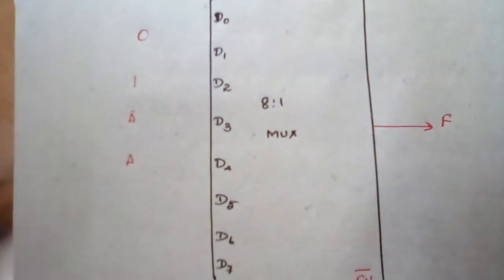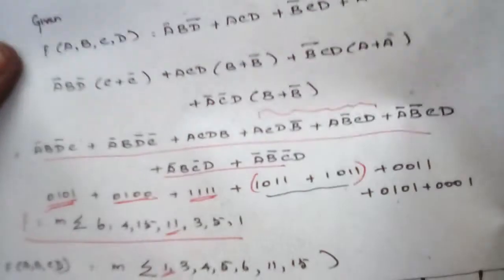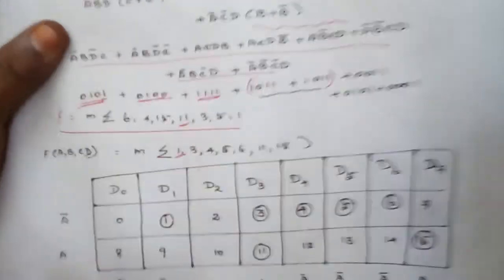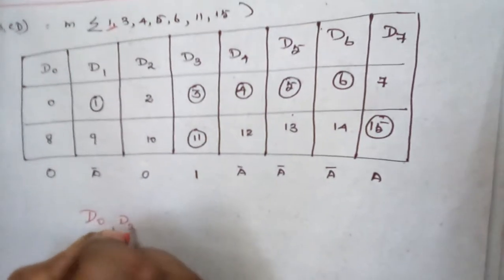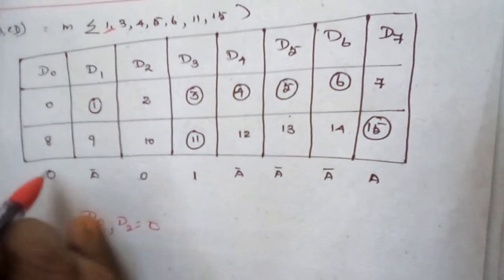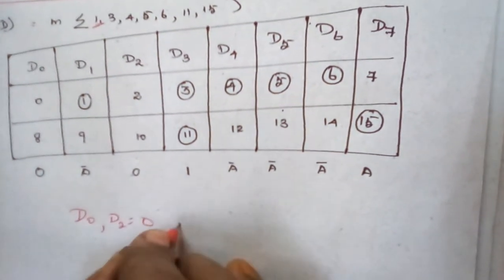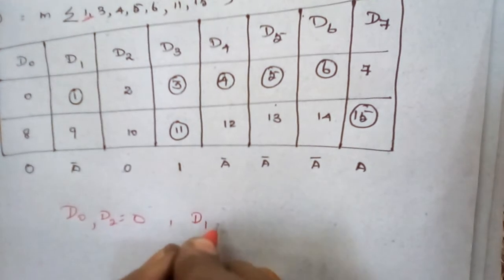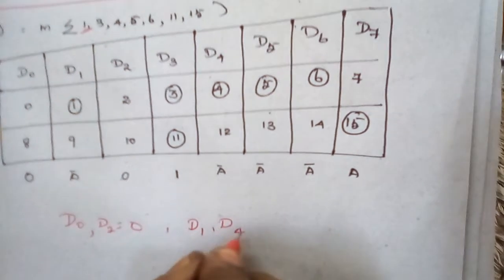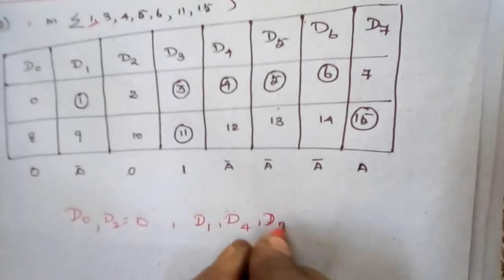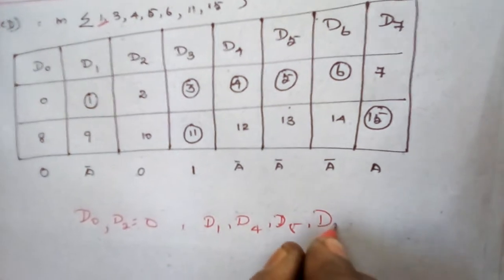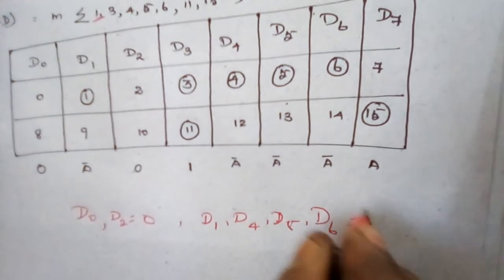Depending upon the implementation table, D0 and D2 are 0, right? And D1, D4, D5 and D6 are equivalent to A bar.